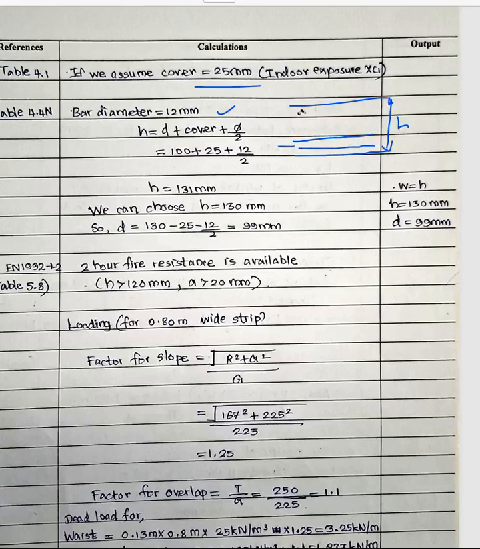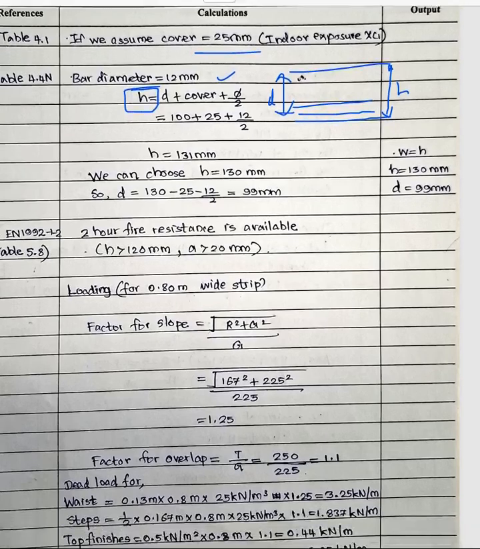From the bar center to the slab top is the effective depth D. So D plus bar diameter by 2 plus cover is H, the waist thickness. I found the waist thickness 131 millimeter, so 130 millimeter is the waist thickness.